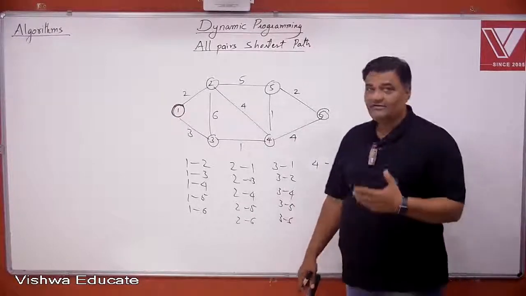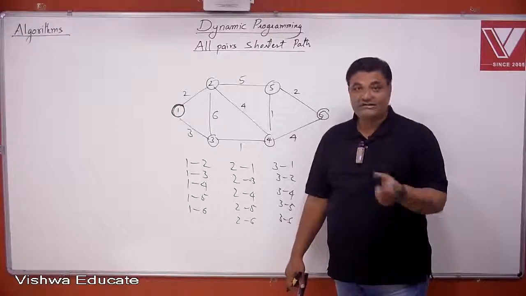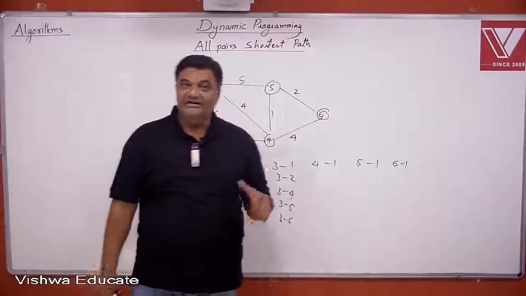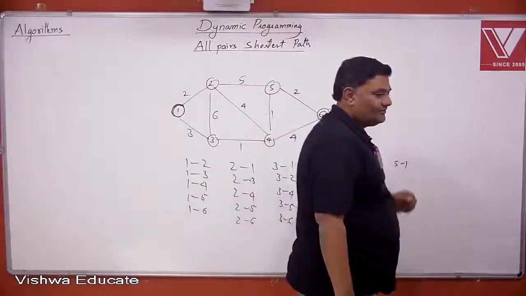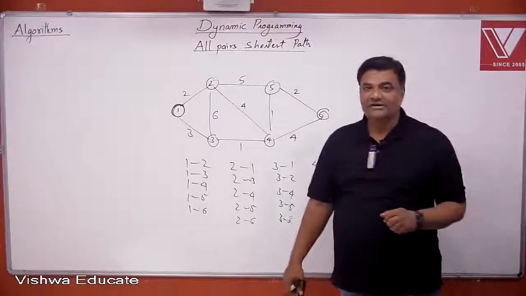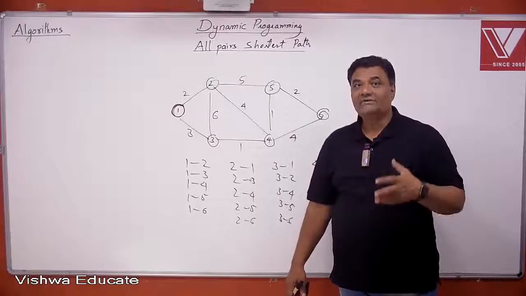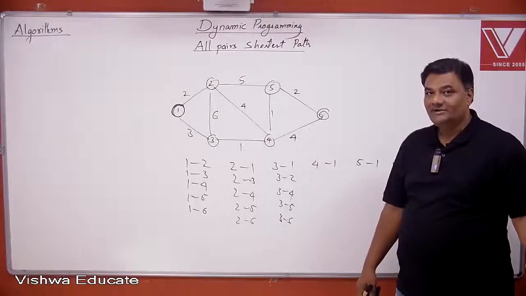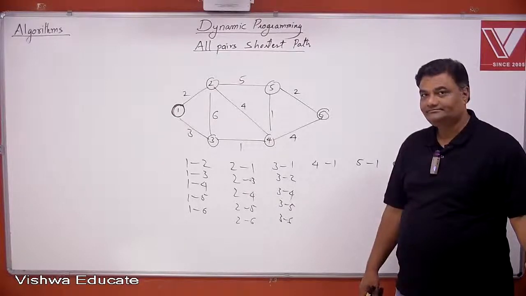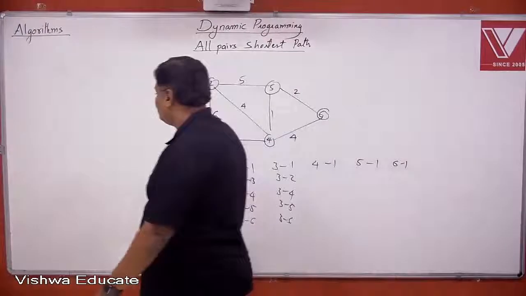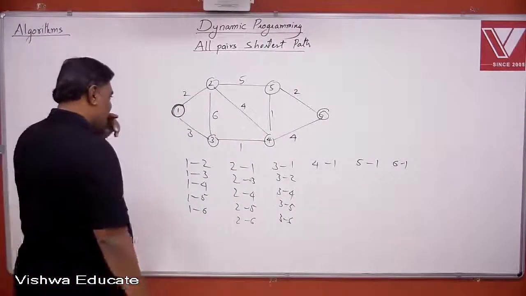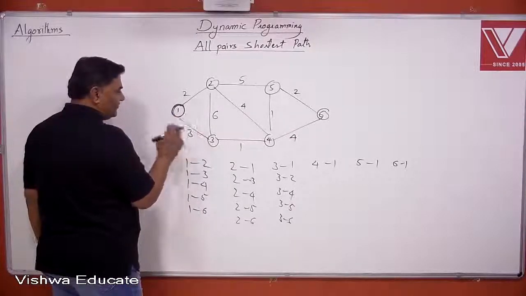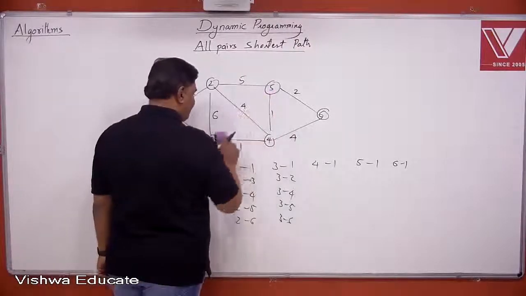So note down: if a directed or non-directed weighted graph is given, the problem is to find the shortest path between every pair of vertices. For example, the path from 1 to 2 as well as 2 to 1, the path from 3 to 5 as well as 5 to 3, and so on.